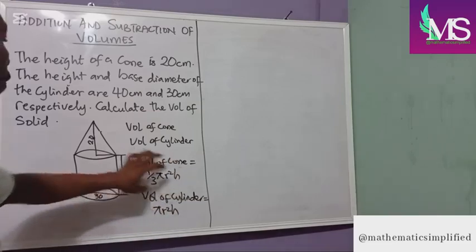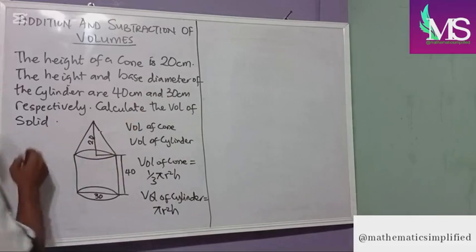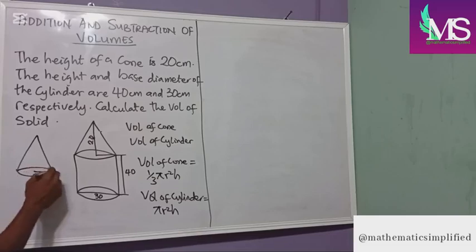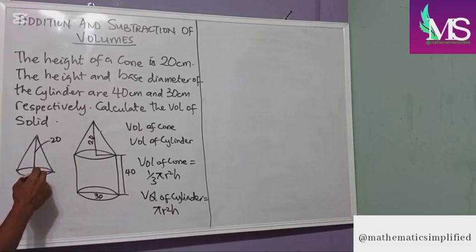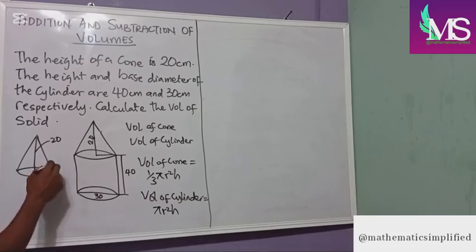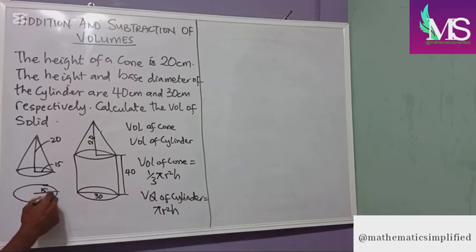Okay, now let's calculate the volume of the cone. We have our height to be 20 and our radius, since this is 30 in diameter, our radius will become 15. Alright, now for the cylinder, we have our radius to be 15 and our height to be 40.